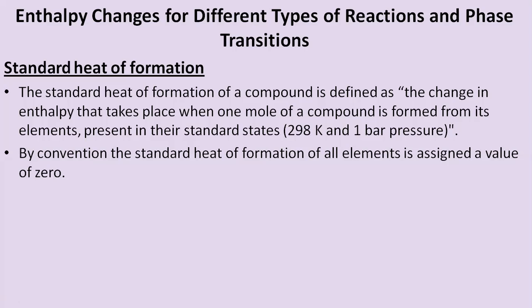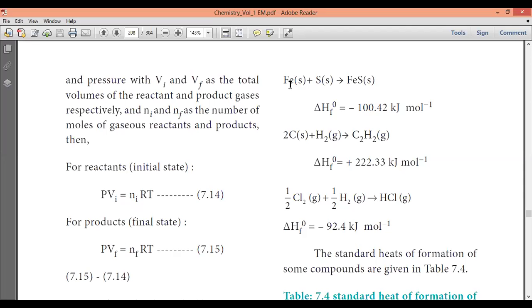Now let us take an example. Here you see iron plus sulfur giving iron sulfide. This delta H f naught, with the zero written on top, refers to the standard heat of formation, and it is given by this value in kilojoule per mole.